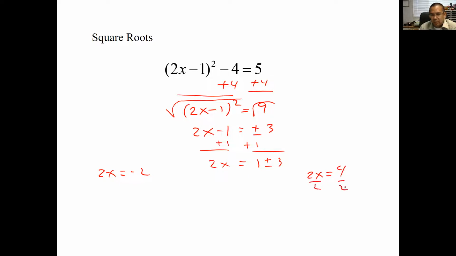And divide by 2. So x would be negative 1 or 2. So that's how you would solve this with square roots. And then, of course, we could go back to Desmos and graph this, and I would show you or prove to you that they intersect at negative 1 and 2.